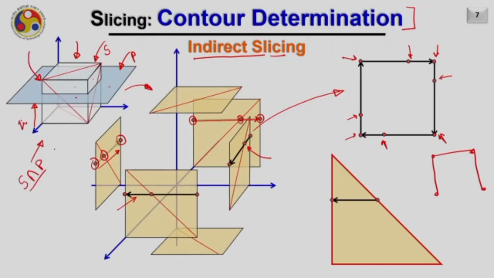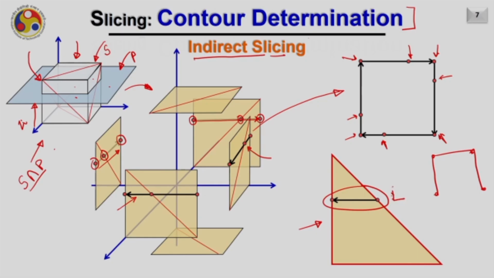So, in other words, the slicing methodology, particularly the indirect slicing methodology, is nothing but the intersection between the lines and the triangles. The line means the line corresponding to the plane, because these are horizontal planes. We are discussing only the uniform slicing.